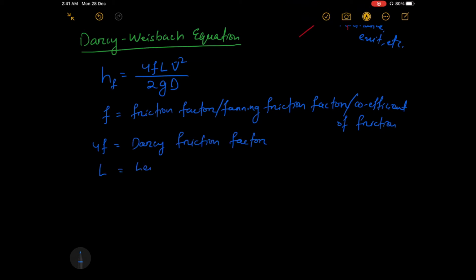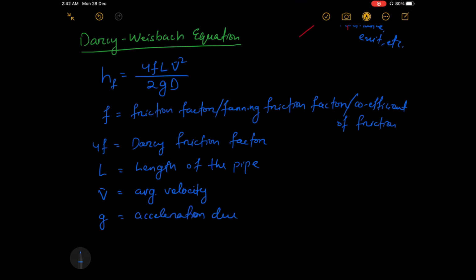Then L is the length of the pipe, and v̄ is the average velocity of the fluid through the pipe. g is the acceleration due to gravity, and D is the diameter of the pipe.